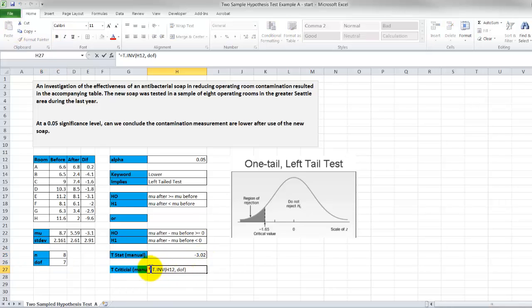And go back to our T-critical and take away the single quote and update the degree of freedom to 7. So we get this value. And I'm just trying to do some formatting, take away some decimal places. We have a T-critical of negative 1.89.